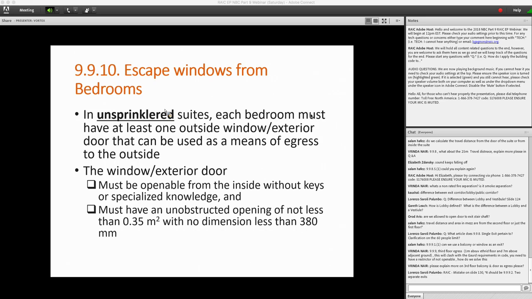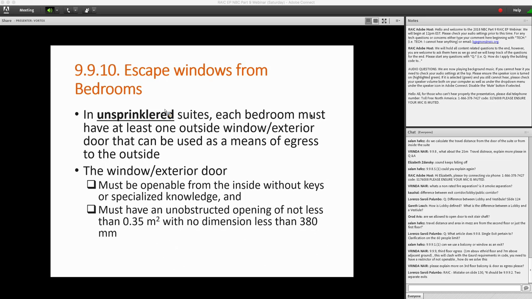In unsprinklered dwelling units, each bedroom must have at least one outside window or exterior door that can be used as a means of egress to the outside in the event that there is no access or limited access to the normal exit serving the building.